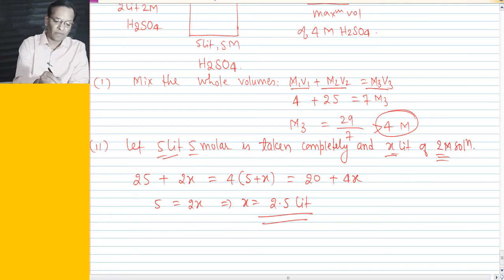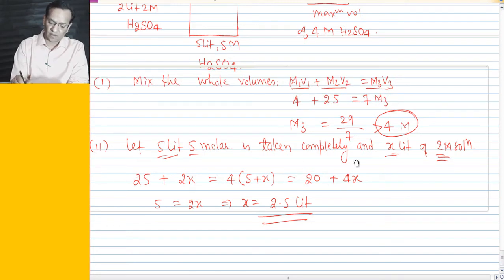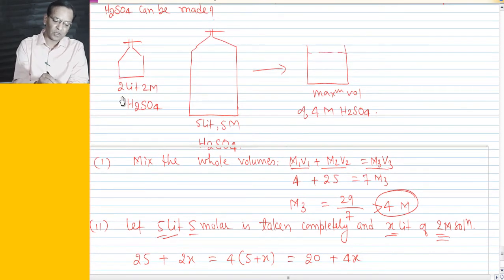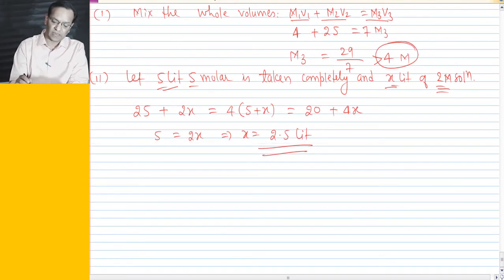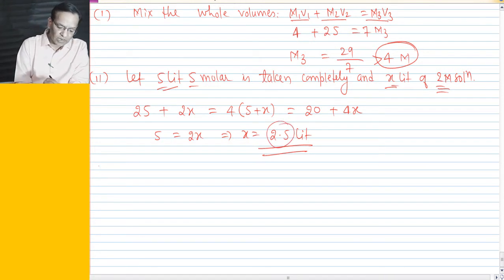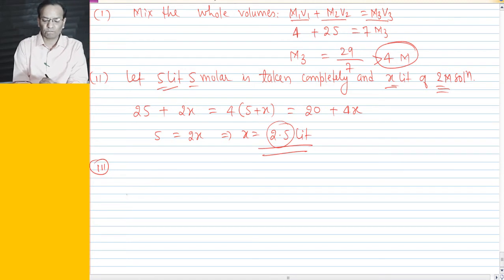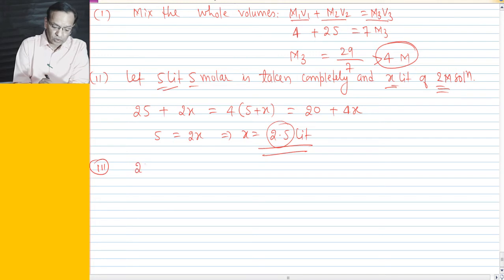But the available we have is only 2 liter. So we cannot take 2.5 from 2 liter. So the only left third option is to take 2 liter completely of 2 molar and x liter of 5 molar solution.